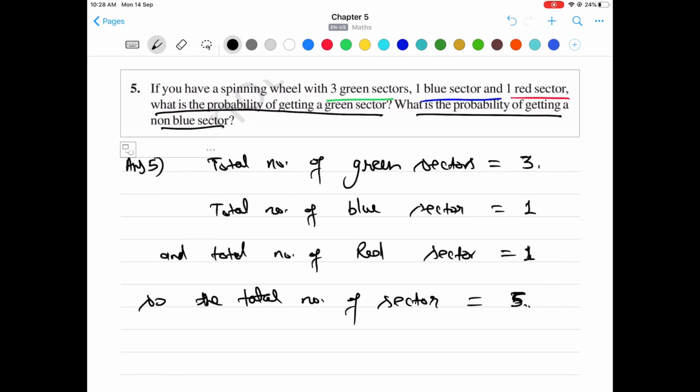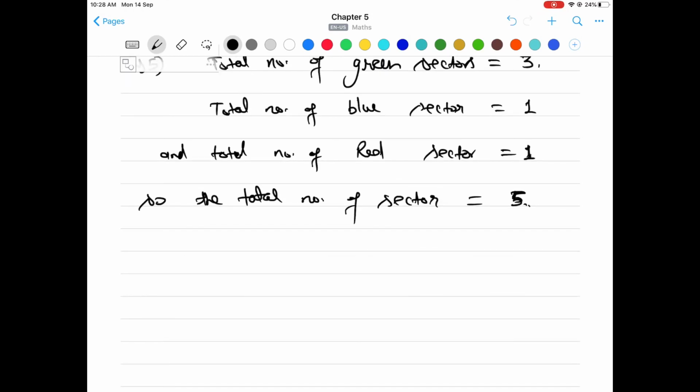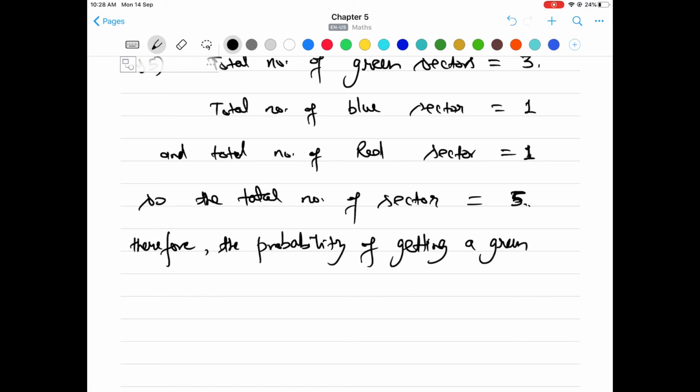Okay, now we are asked what is the probability of getting a green sector. So now we'll write, therefore, the probability of getting a green sector is equal to the number of green sectors divided by the total number of sectors.